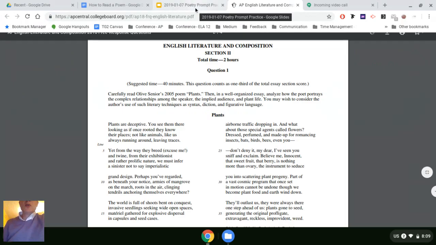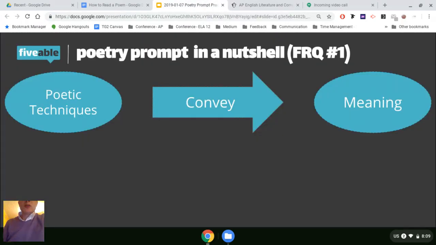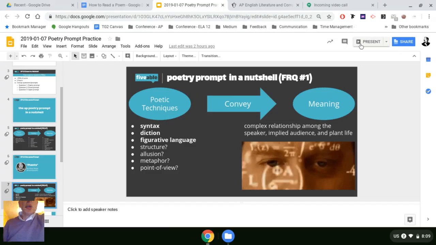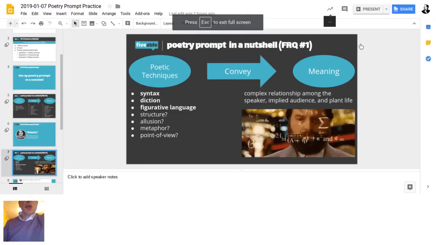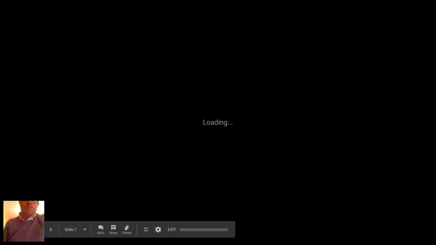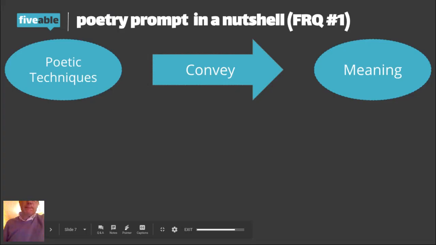Okay, so let's go back to this poetry prompt. Let's see if I advance this. So here we have poetic techniques convey meaning.